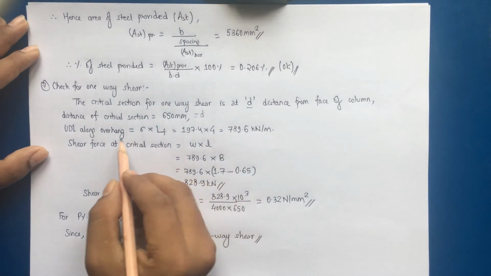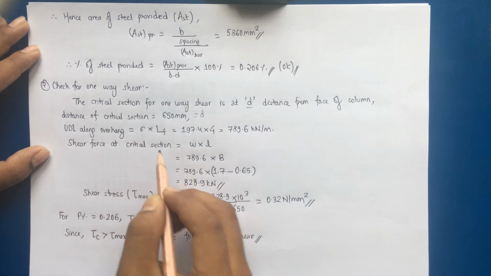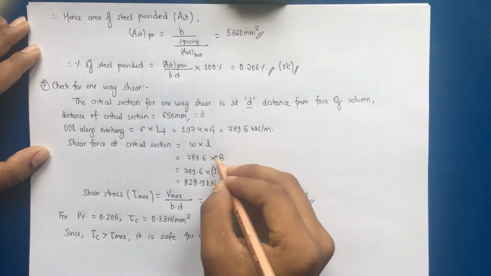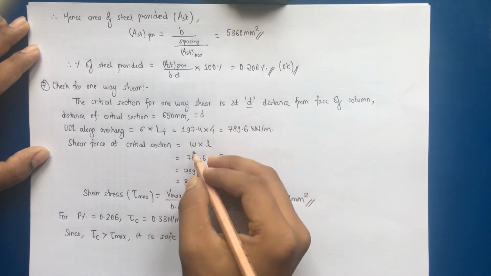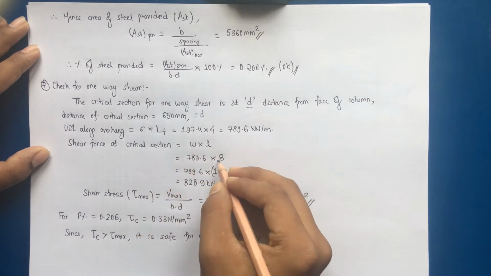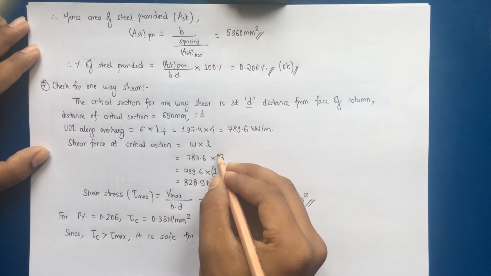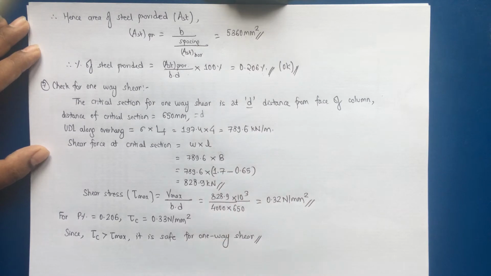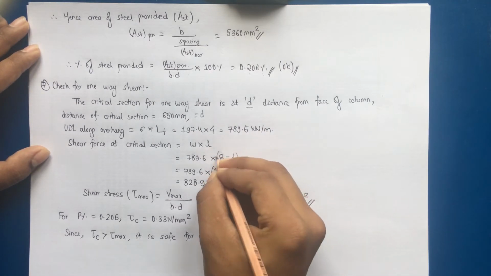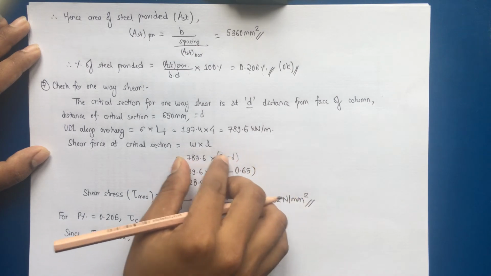So the shear force at the critical section is equal to W into L. Don't get confused: 789.6 is the W in kilonewton per meter. This is the shear force into B, B being the length of the critical section, minus d, because we are finding it at a critical section.